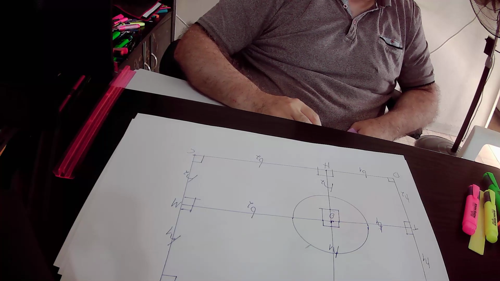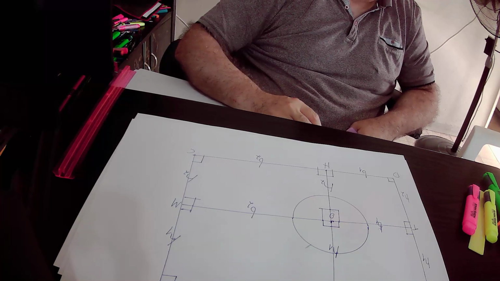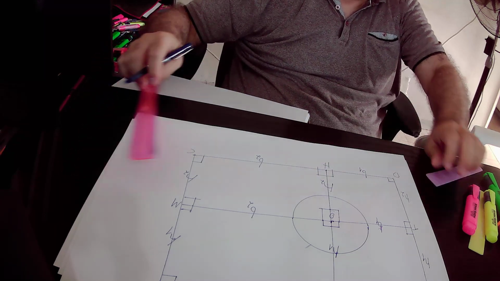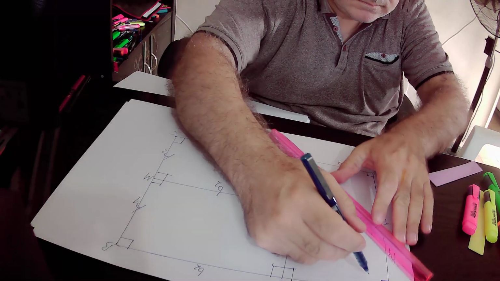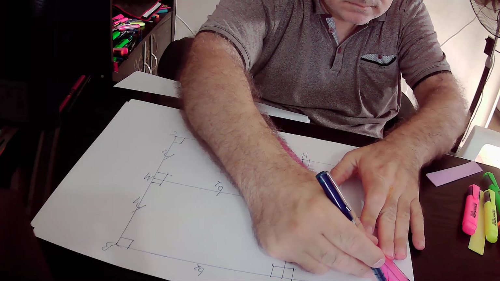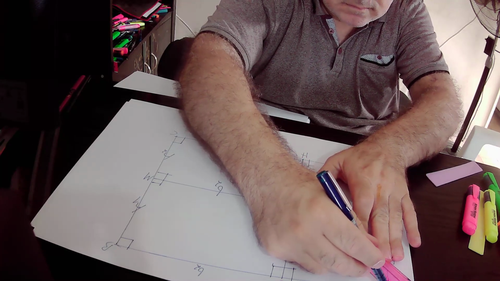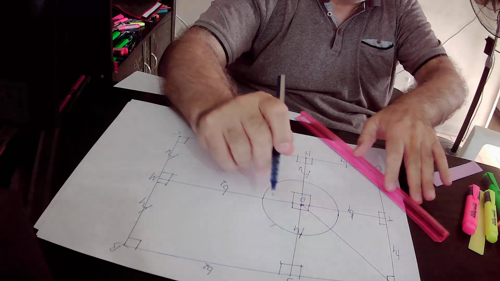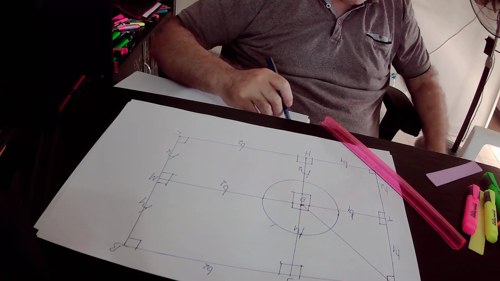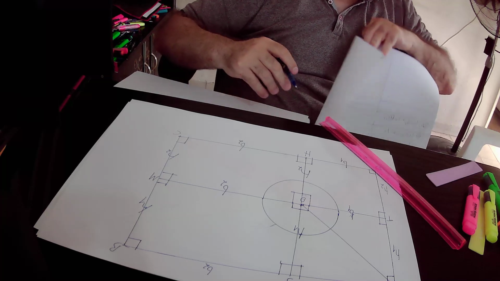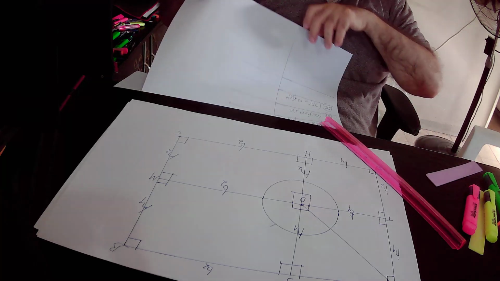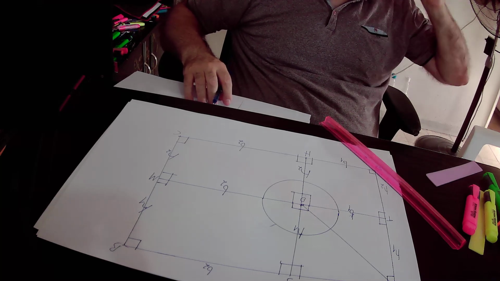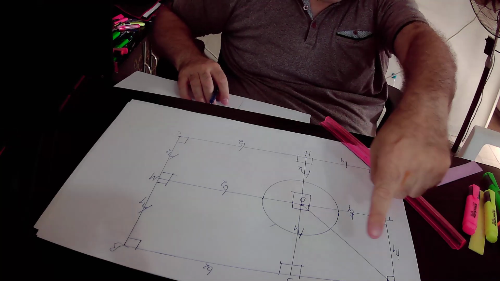Okay, so in the next step, we join points A and O together by a straight line. And we focus on the right triangle ASO.